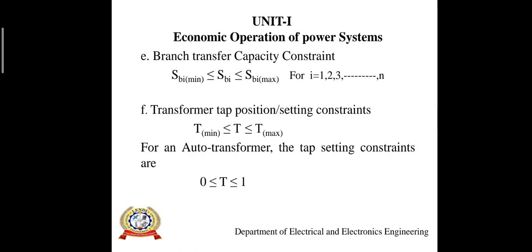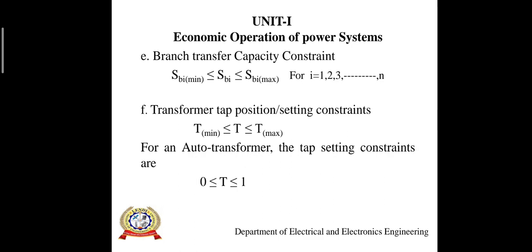And then the transformer tap position or setting constraint. The tap position or setting of a transformer, indicated with T, must lie within the available range. So here also the tap setting of the transformer should be within the minimum and maximum limits. That's why we write T minimum less than or equal to T less than or equal to T maximum.